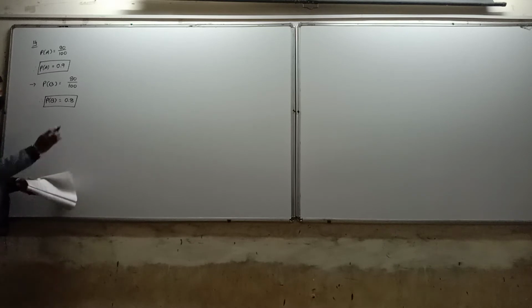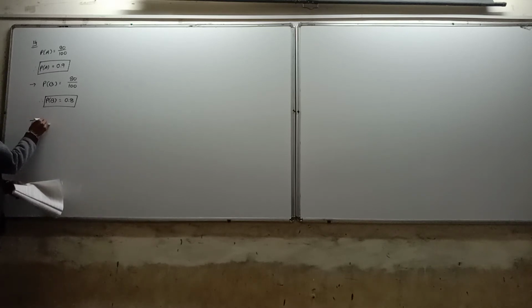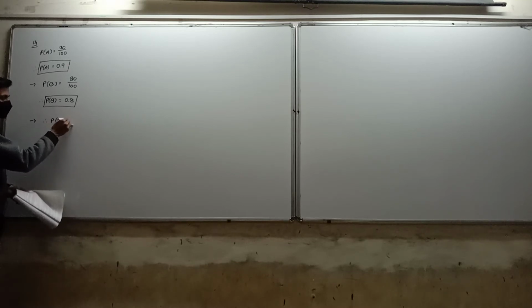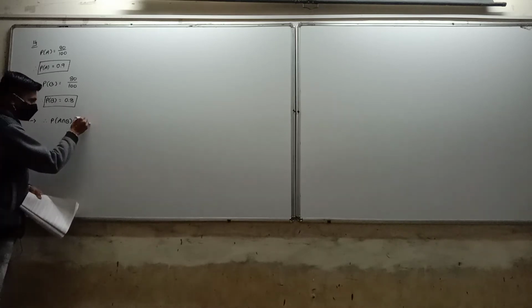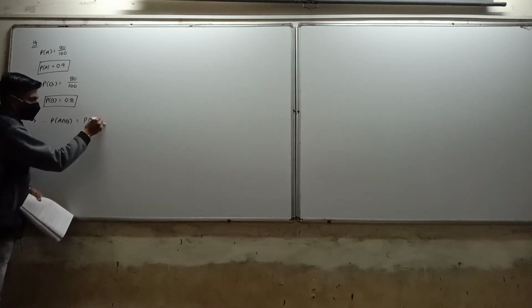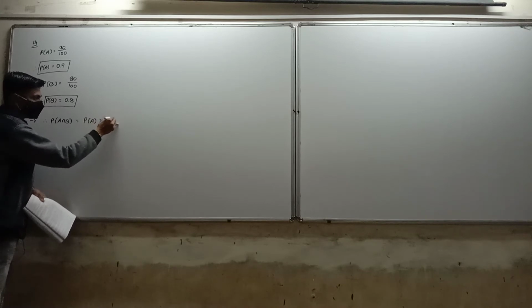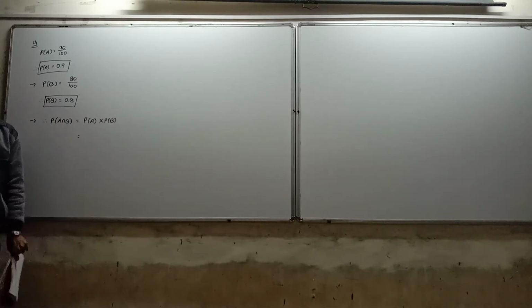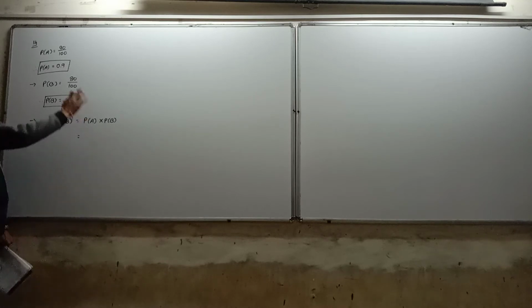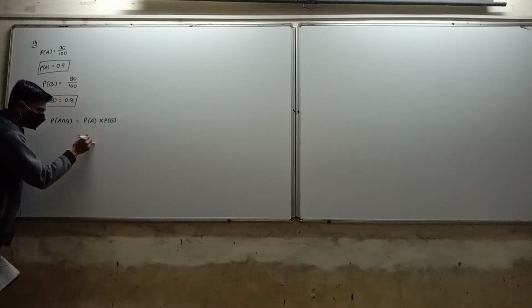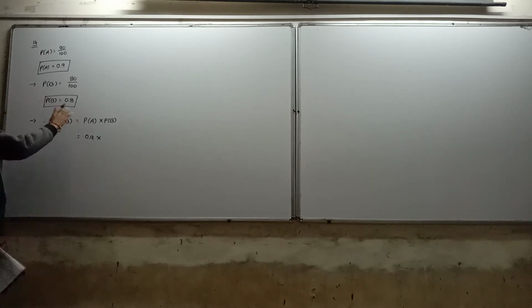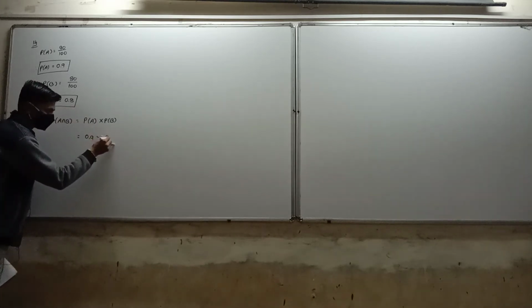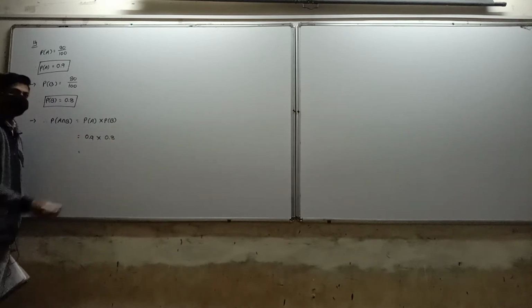New line, therefore P of A intersection B is equal to P of A into P of B. Value of P of A is 0.9 into value of P of B, 0.8.